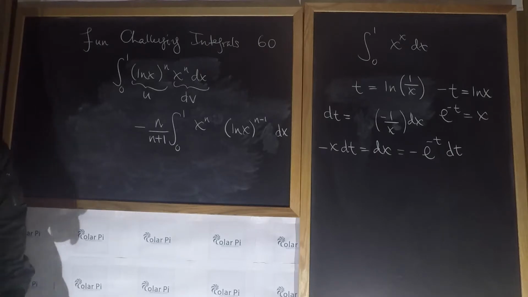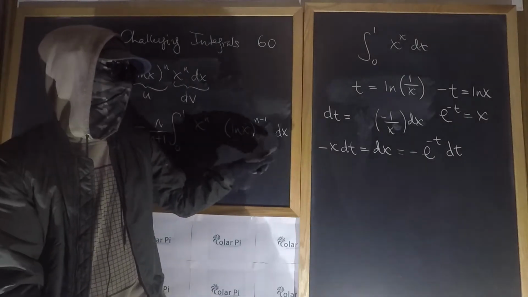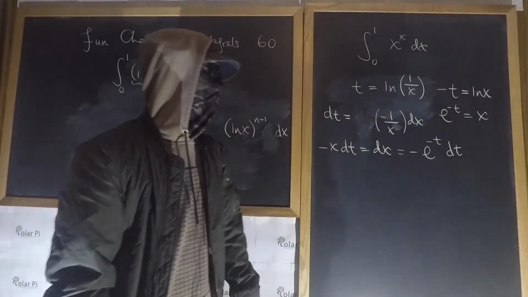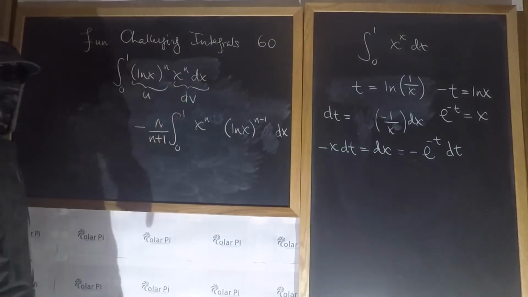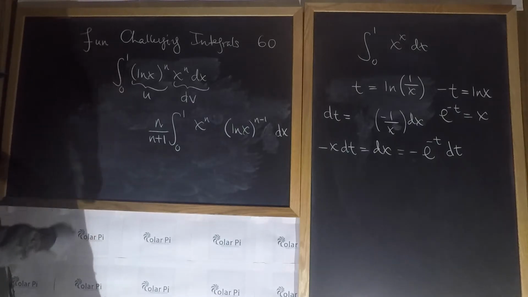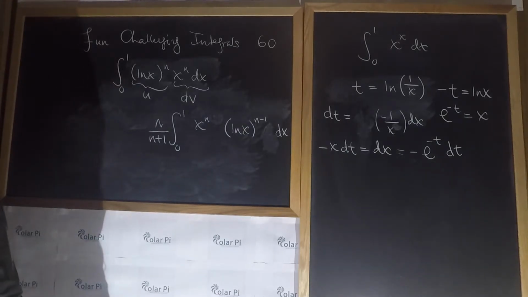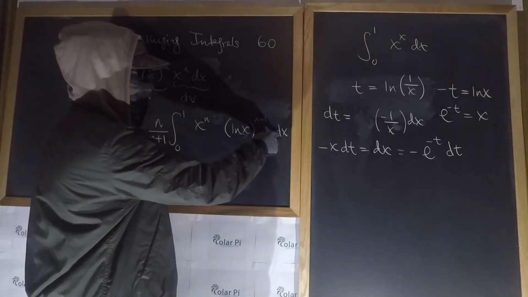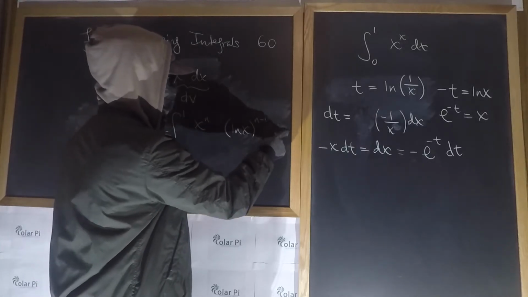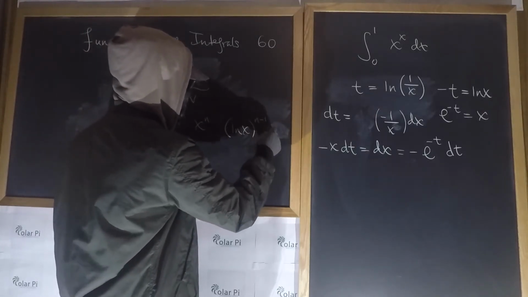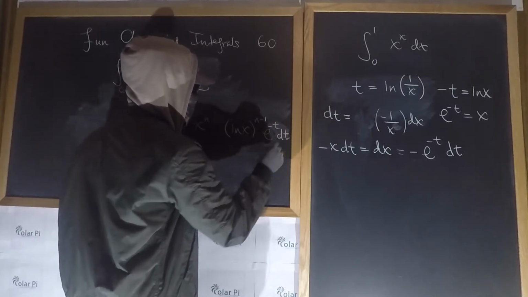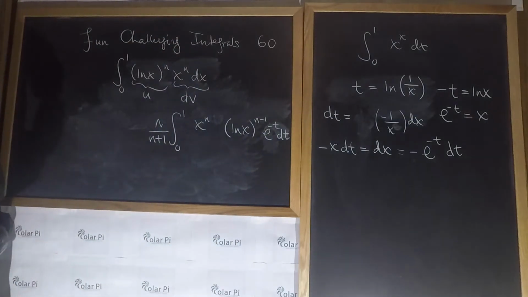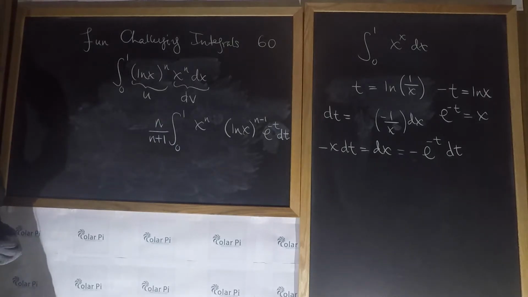Okay, so we've got all the pieces to plug in here. Now, dx is negative e to the minus t dt, so the negative in front of e to the minus t we can use to cancel this minus sign, and then the rest of dx is going to be e to the minus t dt. That's the rest of dx.